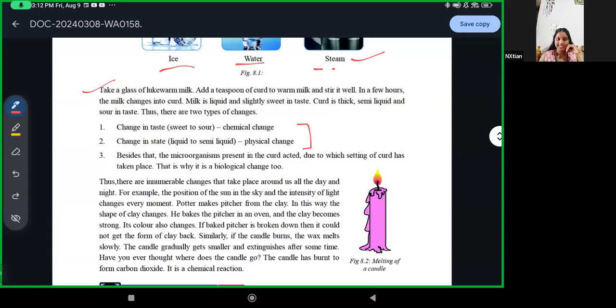Change in taste is the chemical change. When milk is turned to curd, there is a change in taste: this is slightly sweet, and this is sour. Then this is liquid to semi-liquid.